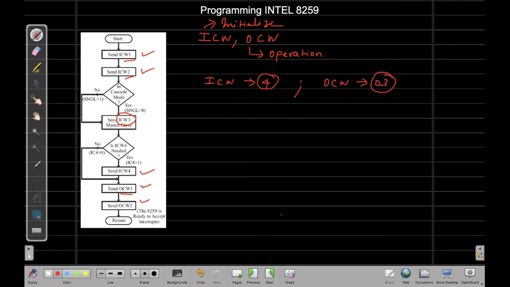It cannot be altered by sending an ICW. I have to send an OCW stating that there is a change happening in the system, and we can instruct 8259 to change the control bit of a particular signal. So that is the purpose of OCW. Next, we will take a very clear look into how ICWs and OCWs can be programmed.